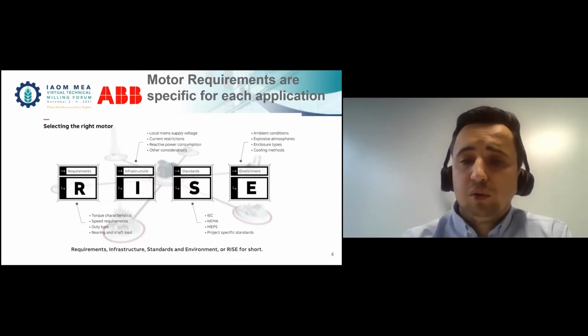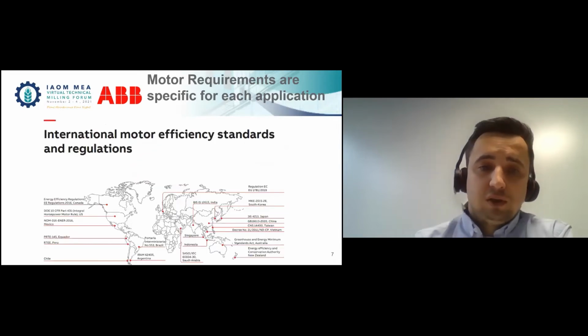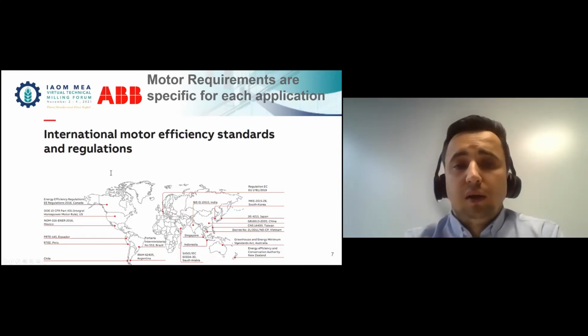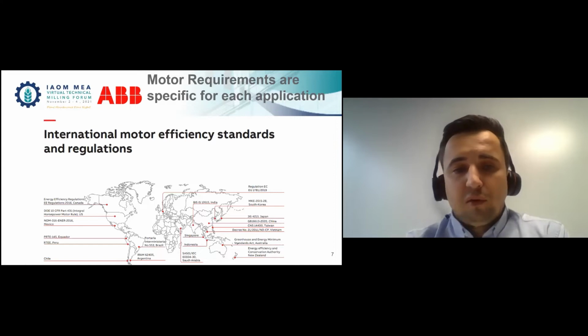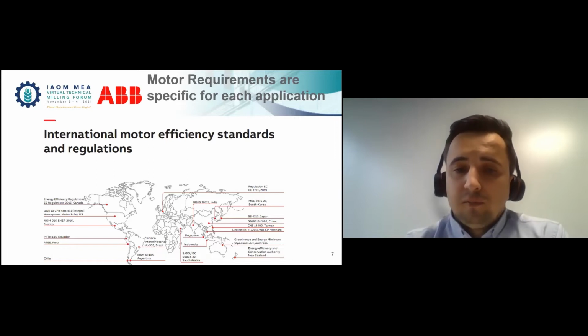There is a huge area of standards which we can see here. Here is a map of the global efficiency standards or minimum requirements for each country which has one in place, as an example. And Saudi Arabia has the SASO certificate.